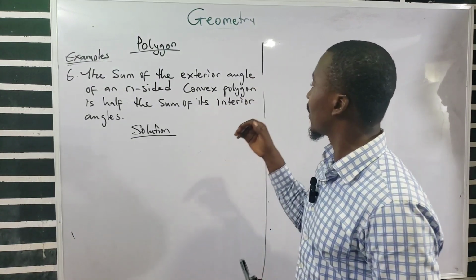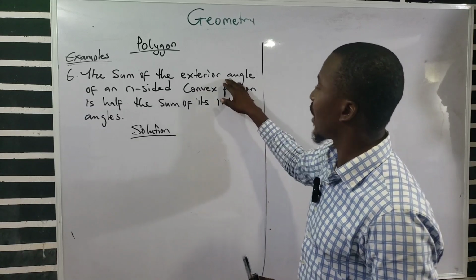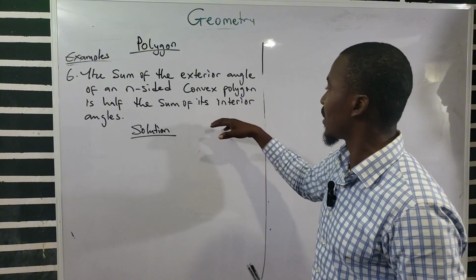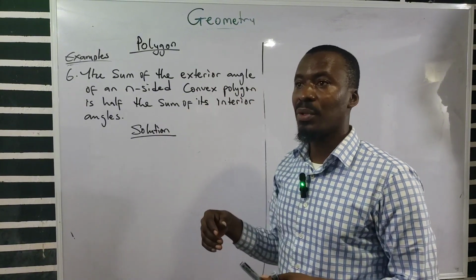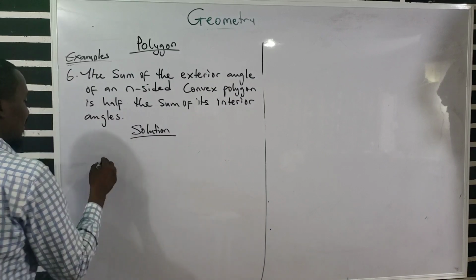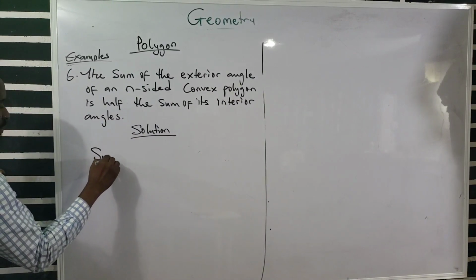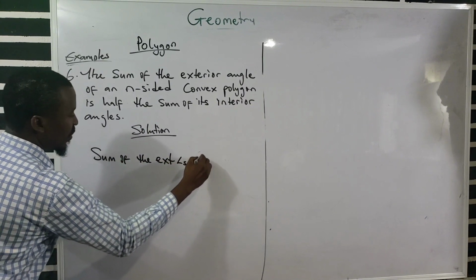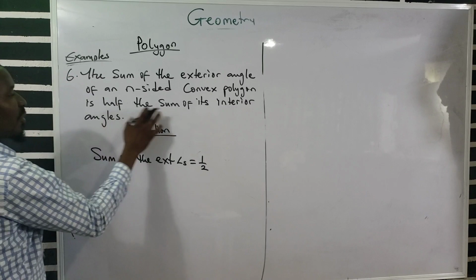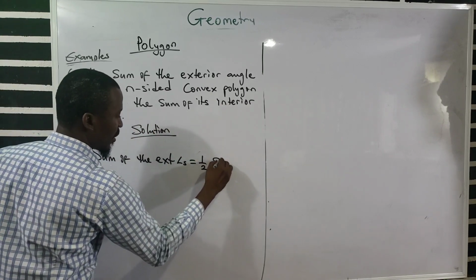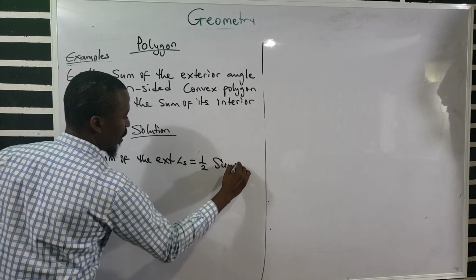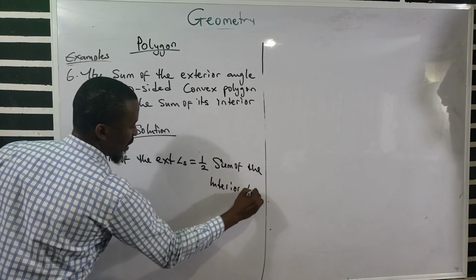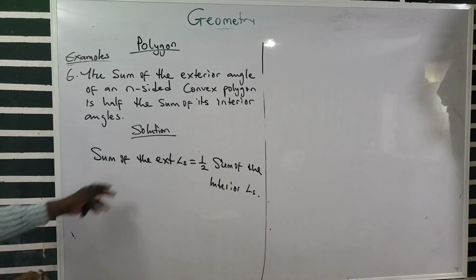So the sum of the exterior angles of an n-sided polygon, 360 is half of, that means the sum of the exterior angles is equal to 1 over 2, half of the sum of its interior angles. So this is what that statement is saying.